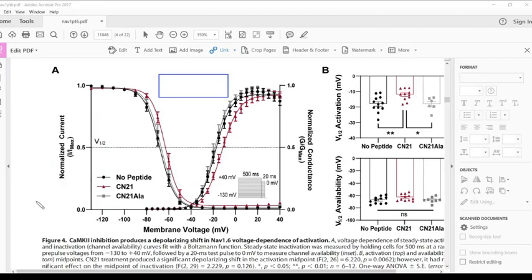Measuring activation is fairly straightforward, because what you do is you run a series of depolarizing steps, which is what they're doing down here, and then you measure the currents in response.